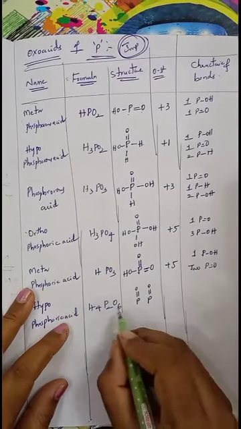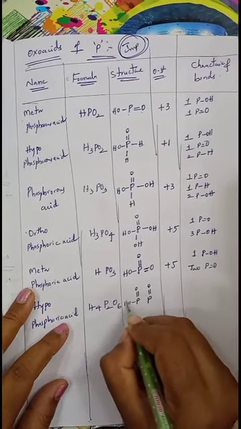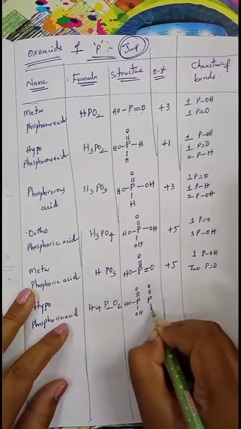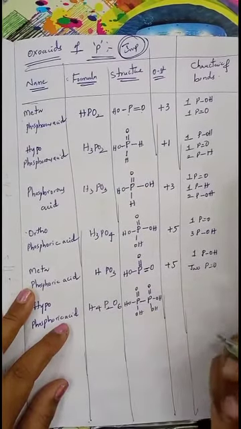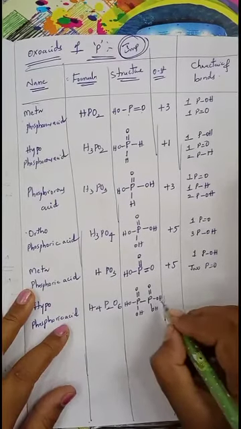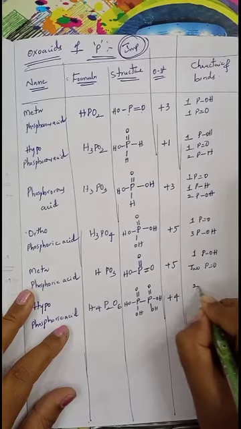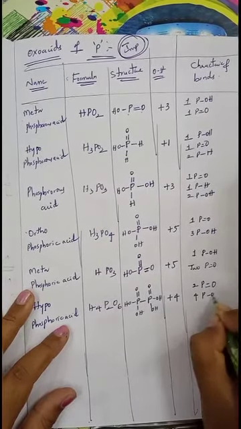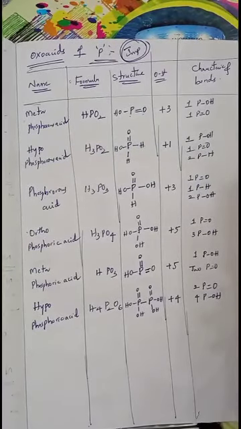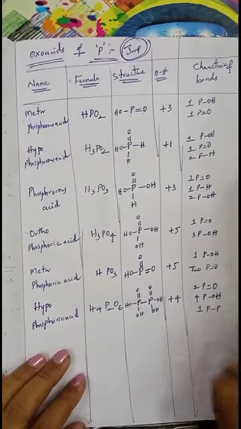Those 4 oxygens combined with 4 hydrogens to make 4 OH bonds. And between these phosphorus atoms a single bond can exist and the oxidation state is +4. Types of bonds: 2 P=O bonds and 4 P-OH bonds are present, and 1 P-P bond is also present.